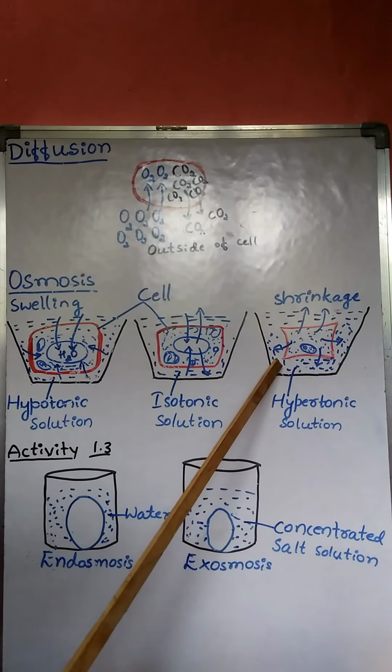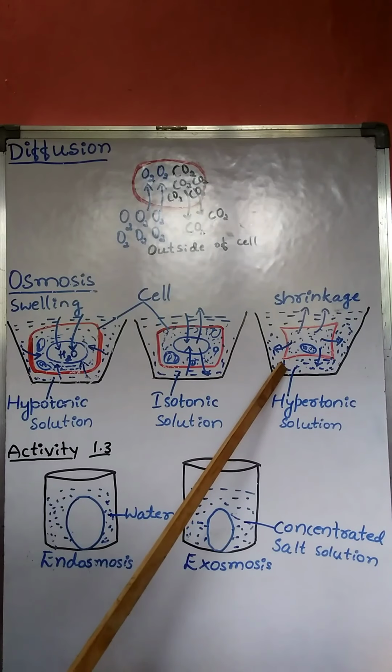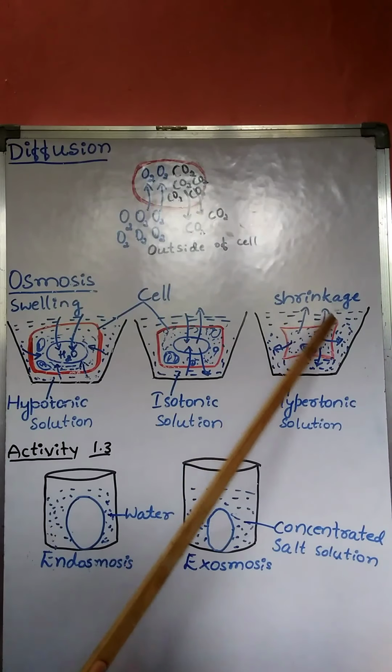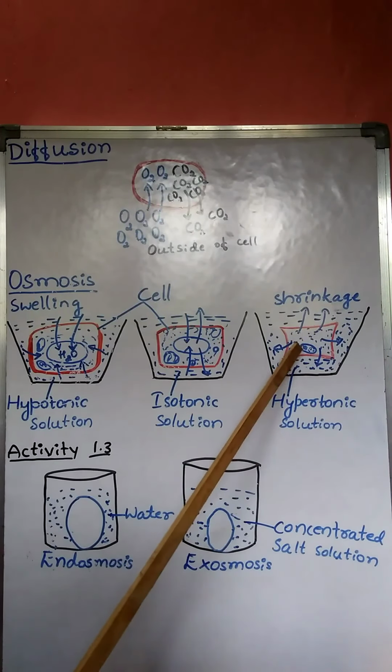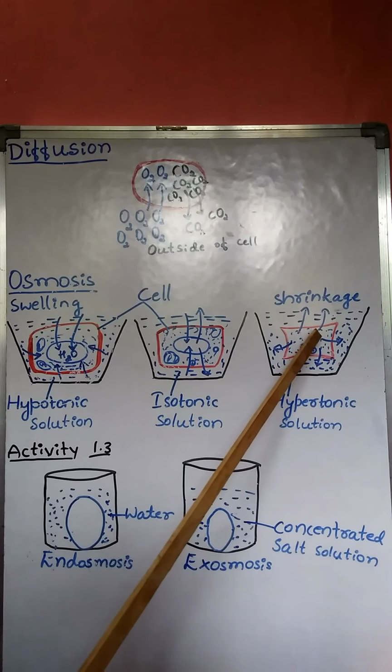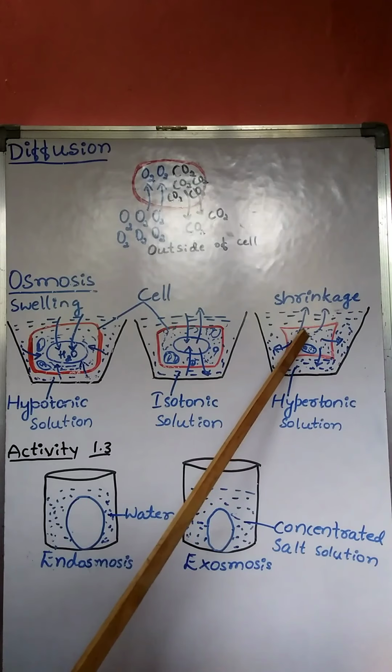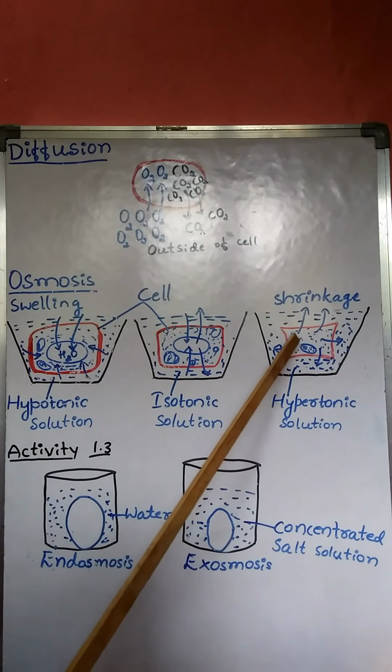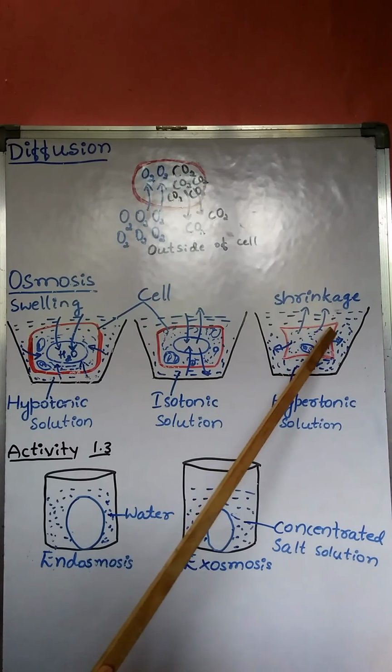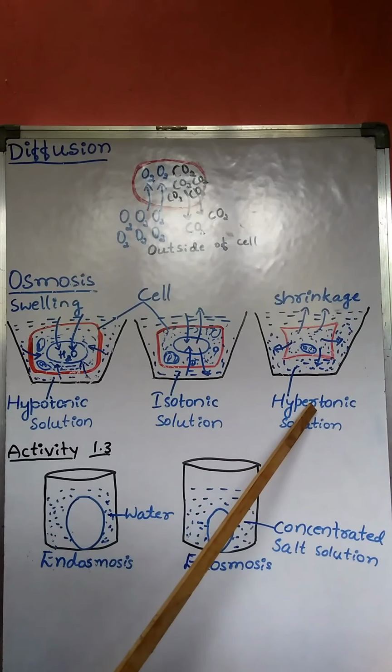Exosmosis leads to shrinkage of the cell, or shrinkage of the protoplast; cytoplasm and nucleus together are called protoplast. Shrinkage of the protoplast takes place when a plant or animal cell is placed in hypertonic solution.